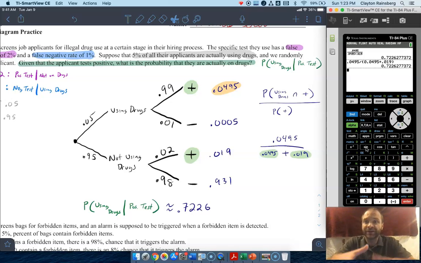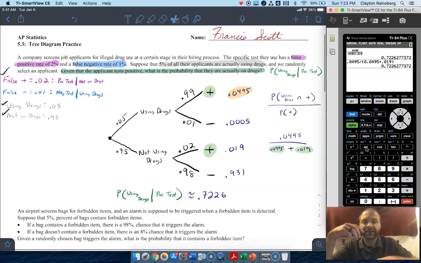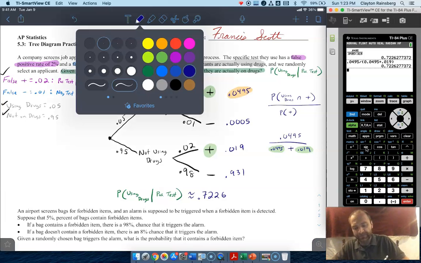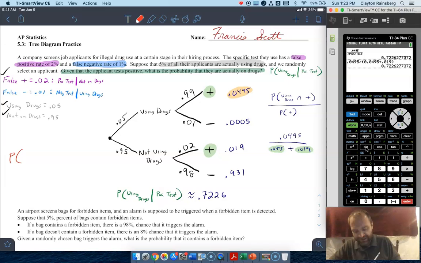Now, the reason I wanted to talk about this example is because that's the probability the person is using drugs, given that the test is positive. So given that the applicant tests positive, that's the probability they're actually using drugs. Let me ask you this other question. What's the probability that they are not on drugs, given that they have a positive test?